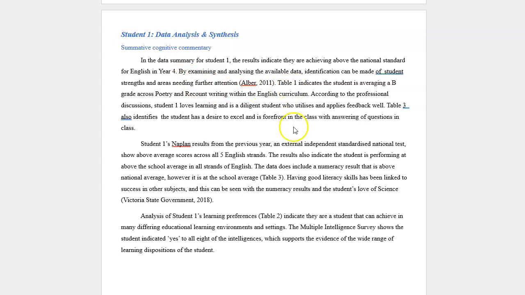So it's talking about the NAP plan. It's talking about this independent, standardized, good literacy skills like science, and talks about some of the learner profiles that they have. So it's really a descriptive summary. It's not really a little bit of voice to say, what's my response? It could be stronger.